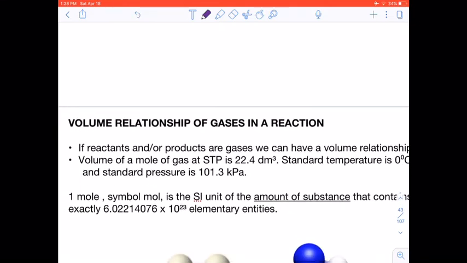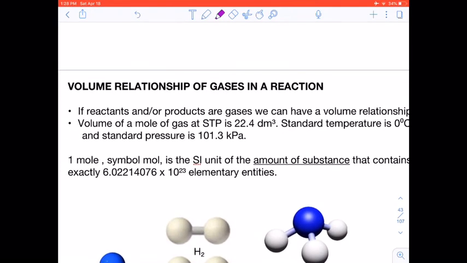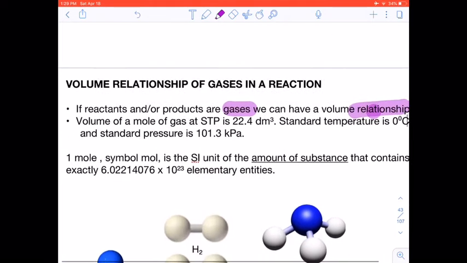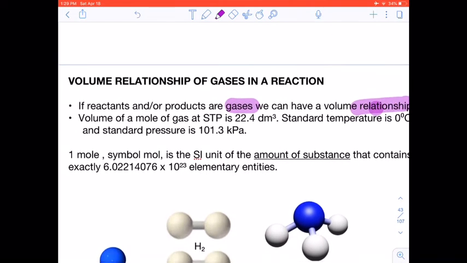Now let's go to a volume relationship of gases in a reaction. So if reactants and/or products are gases, we can get a volume relationship. Now the volume of a mole of gas at STP is equal to 22.4 decimeter cubed. We know that 1 decimeter cubed is equal to 1 liter.